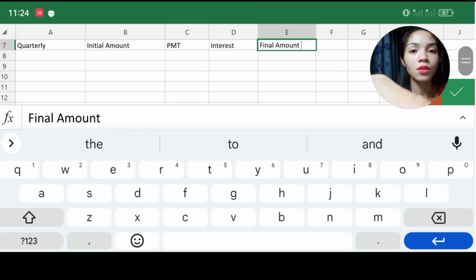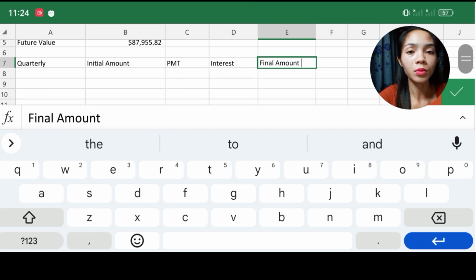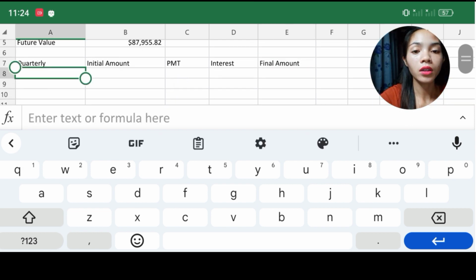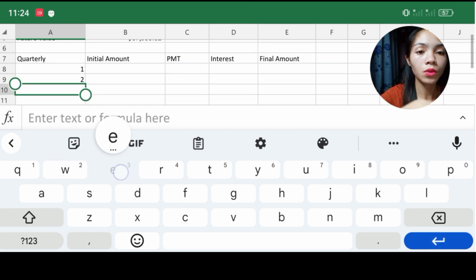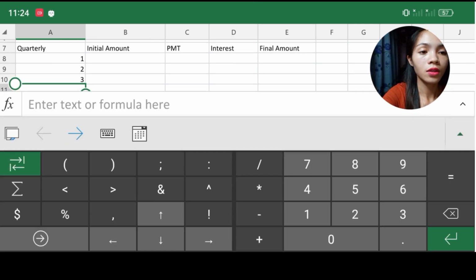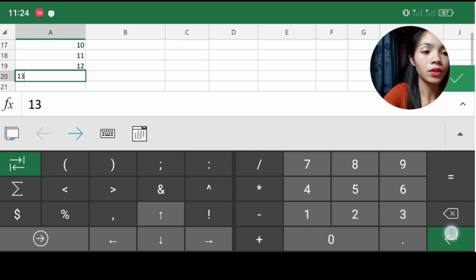Okay, that's it. Since our period of time is 16, we are going to put here 1 to 16: 1, 2, 3, 4, 5, 6, 7, 8, 9, 10, 11, 12, 13, 14, 15, and 16.